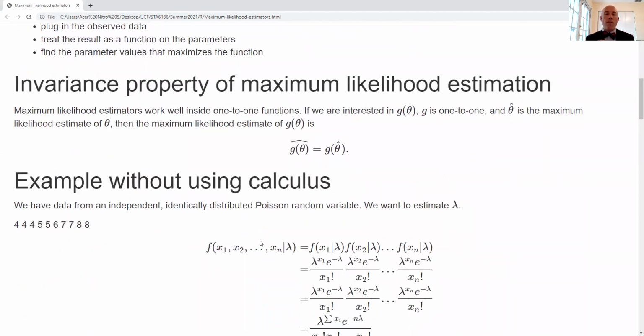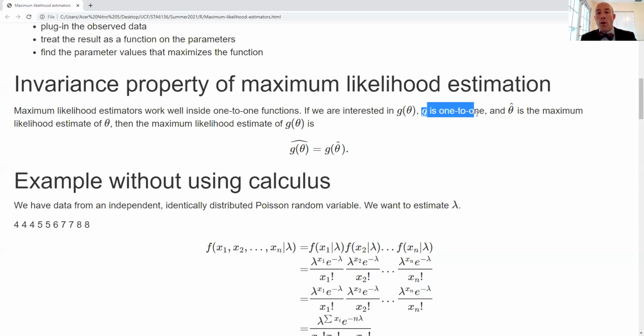Now, another very nice property of maximum likelihood estimation. Let's say I'm in a situation that I don't really care about the parameter. I care about a function on the parameter. So I'm interested in G of the parameter. I'm interested in the function value. I really don't care so much about the parameter itself.